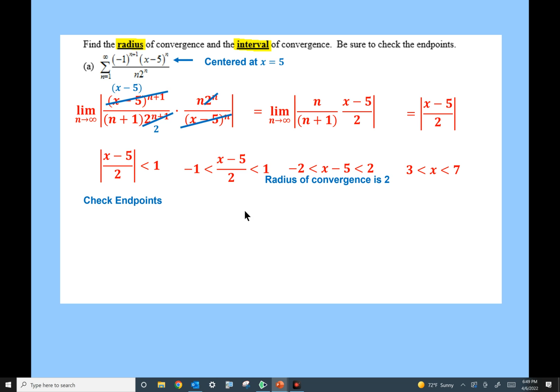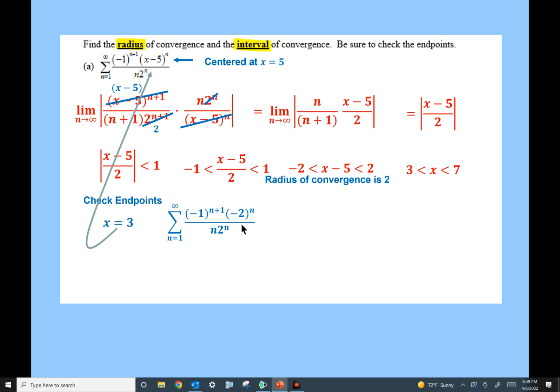Okay, and the way we check it is I'm going to start by checking x equals 3, plugging a 3 into the original series in place of x. So I'm going to rewrite that series, but in place of the x, I'm going to put in a 3. So instead of (x minus 5) to the n, I've got negative 2 to the n.